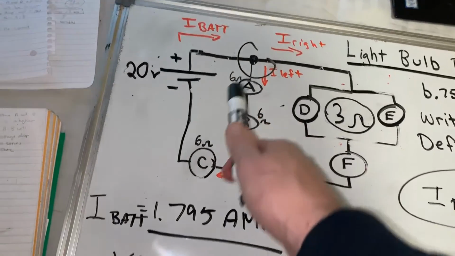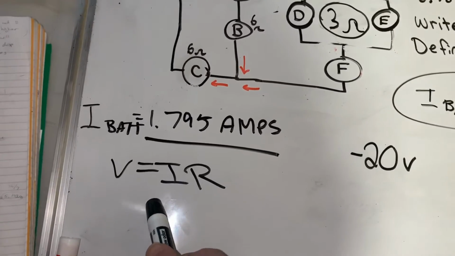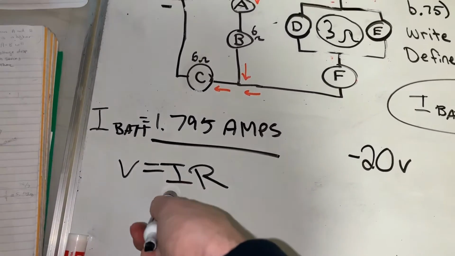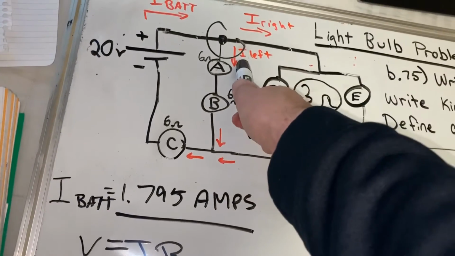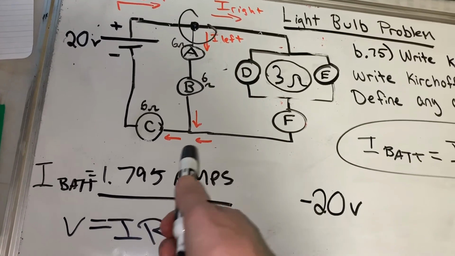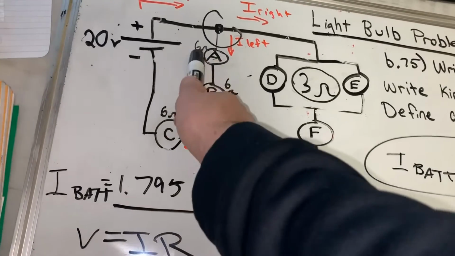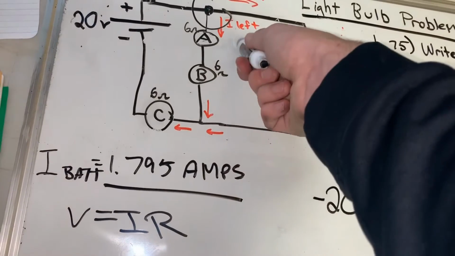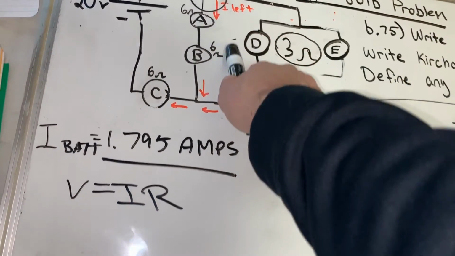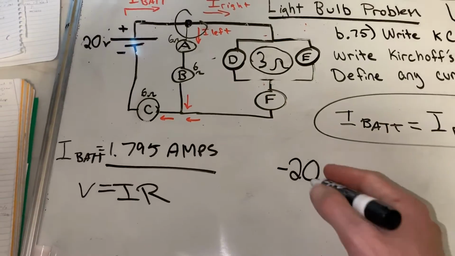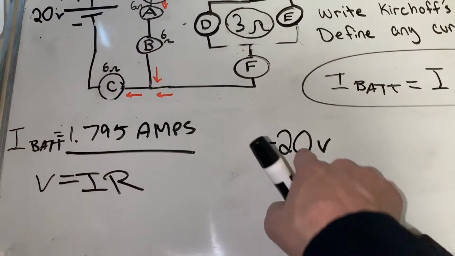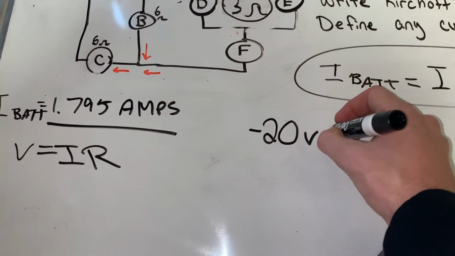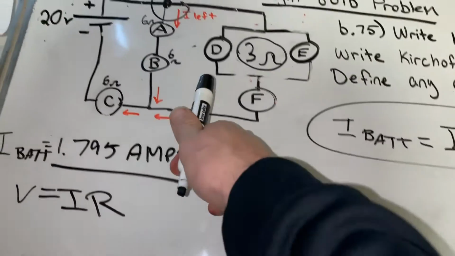Now if you look at Ohm's law, V equals IR, we're looking for voltages. So we don't necessarily have the voltages for A and B yet, or C, but we have the resistance, and we have our variable defined as the current going on the left branch. So since we're starting at negative 20 volts, we're going to just go up from here.